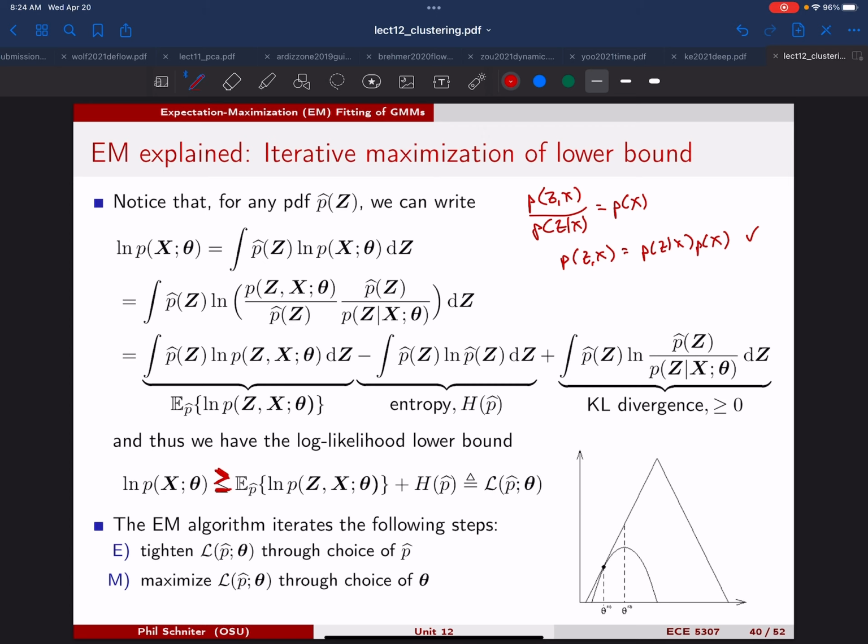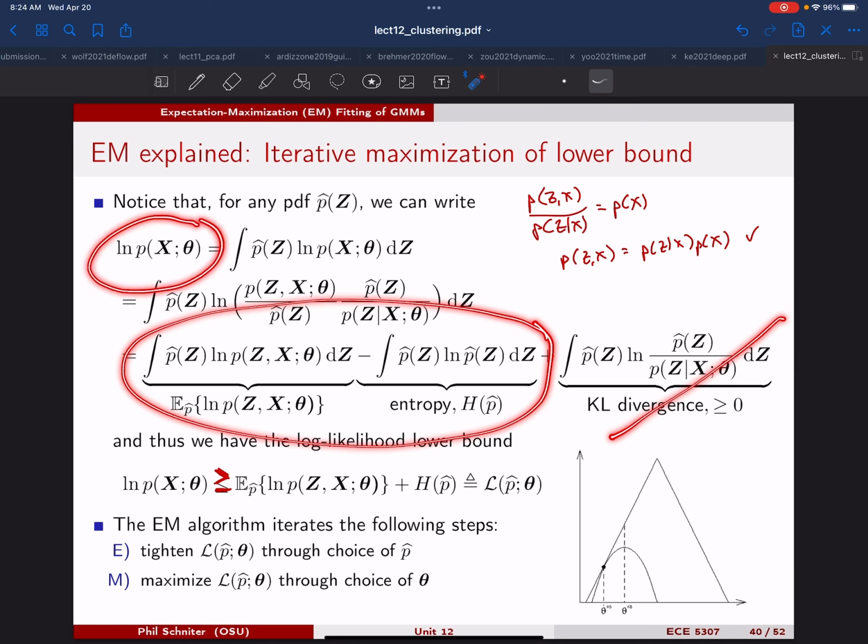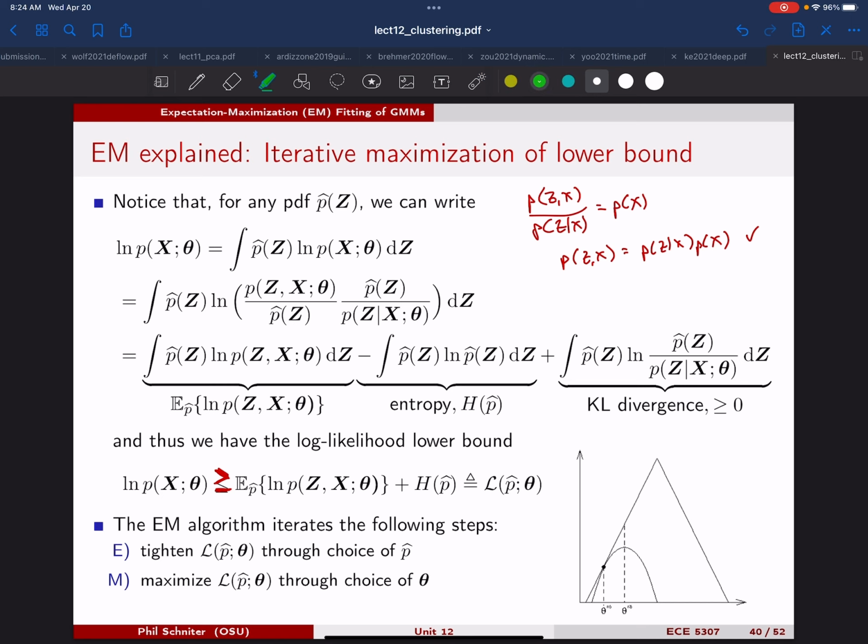It should go that way. The idea is that if the log likelihood is this plus some positive thing, then when I get rid of this positive thing, this is less than or equal to the log likelihood. So this is a lower bound on the log likelihood.